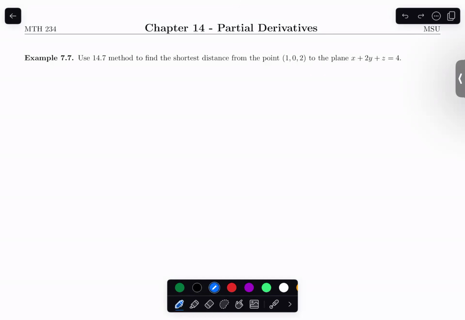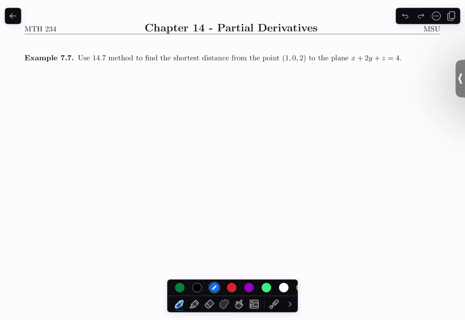Suppose you had a point and an elliptical paraboloid, then the method from 12.5 doesn't work. Or you had a point and some interesting ellipsoid, or just some other interesting surface. So you can now find the shortest distance between a couple of objects, even if it's not a point and a plane. But we'll start off with the easiest scenario here.